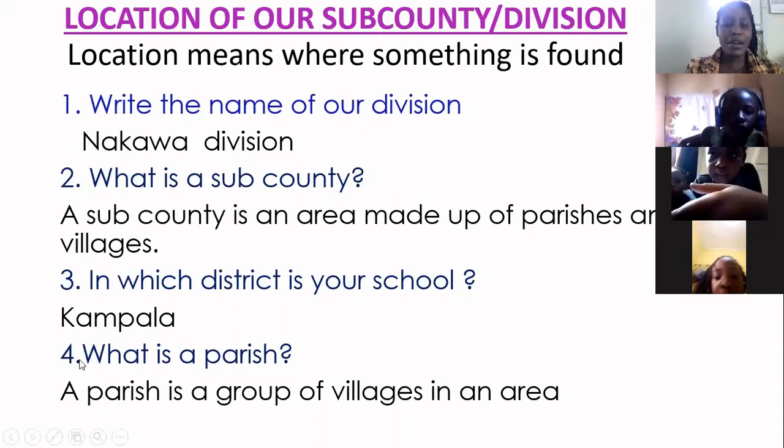What is a parish? Now our answer is, a parish is a group of villages in an area. Like the villages where we are living, if you combine all those villages, like here in Mutungo, we have Mutungo village, Mutungo zone 4, Mutungo zone 2.